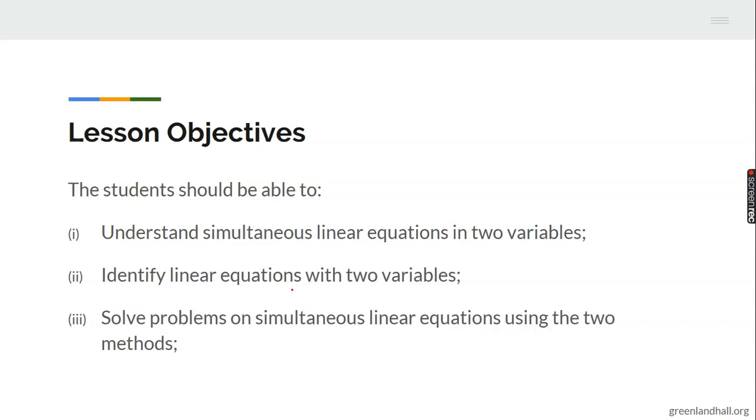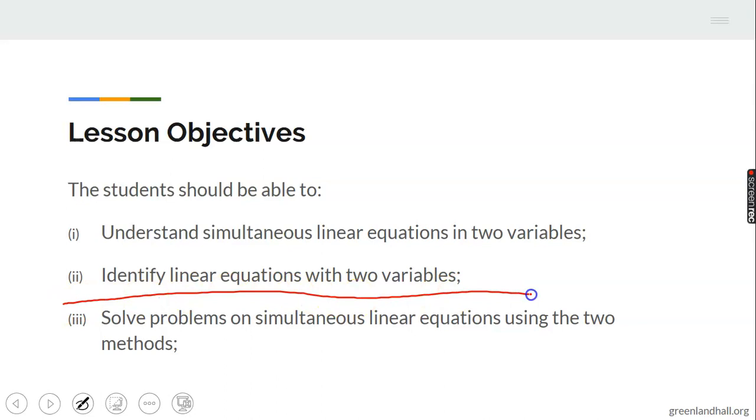Now, the lesson objectives. The lesson objectives are the same as the ones that we had in lesson 1. That is, after this class, you must be able to understand simultaneous linear equations in two variables. You must be able to identify linear equations with two variables. You must be able to solve problems on simultaneous linear equations using the two methods.